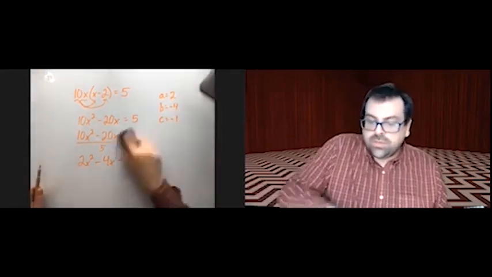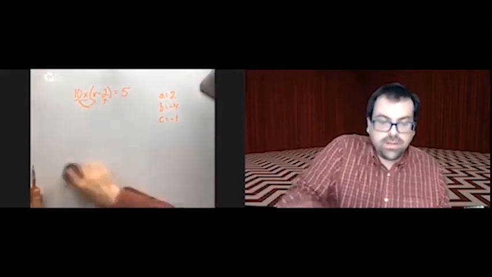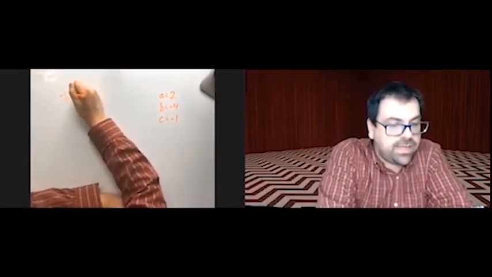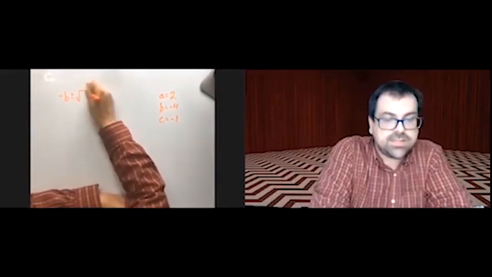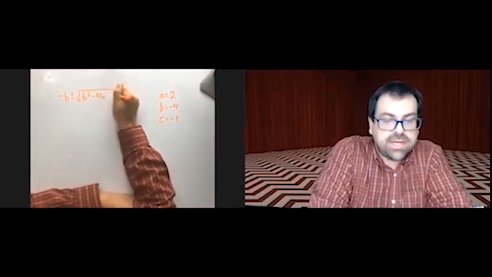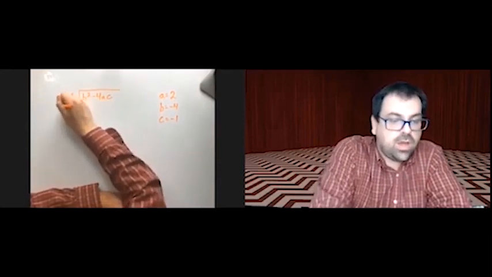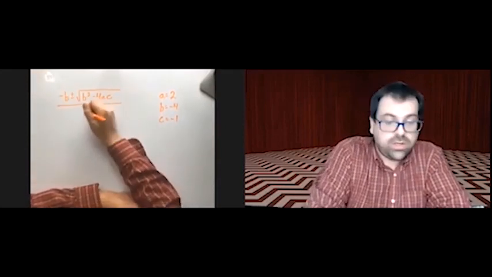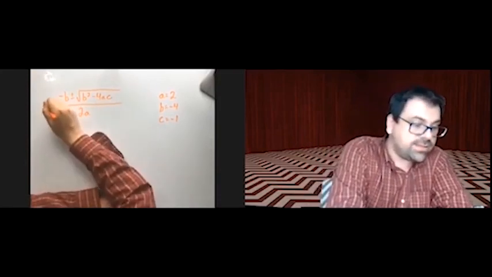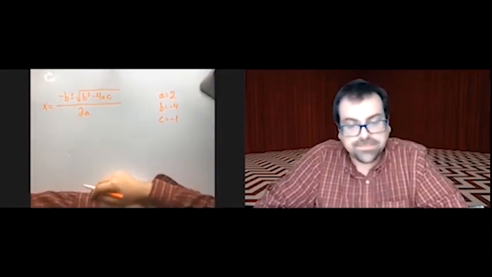We're going to use the quadratic formula, which is negative b plus or minus the square root of b squared minus 4ac all over 2a. We're solving for x.